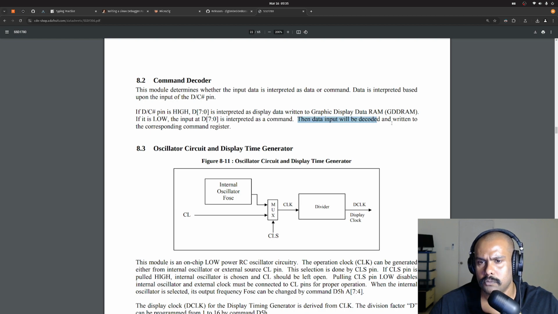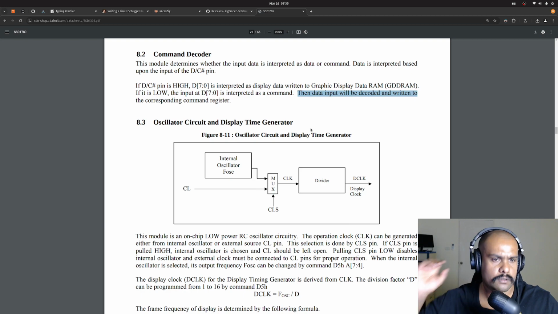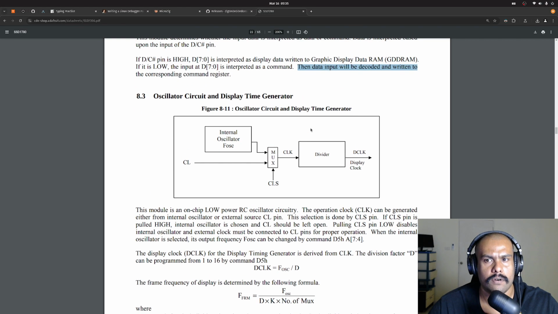The data input will be decoded and written to the corresponding command register. If DC is low. Okay.